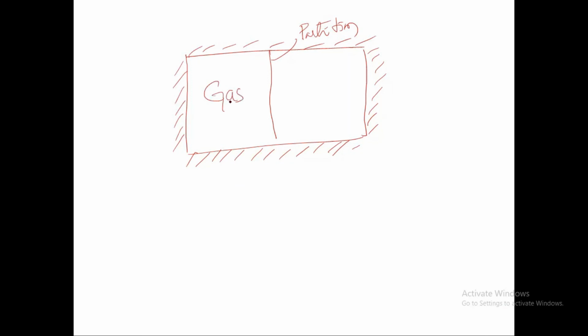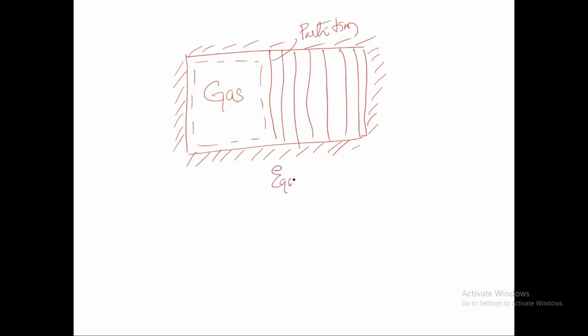Now gas is considered as a system, and the vacuum is divided into a number of strips, and every time we remove a strip, it will achieve equilibrium.